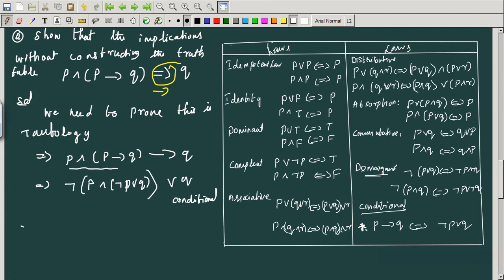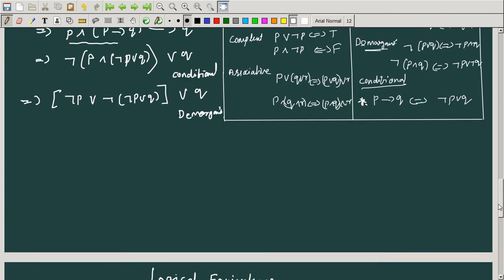After conditional, what am I going to do? I'm going to apply De Morgan's law. Negation of (negation P or Q) becomes P and negation Q, and the other bracket remains with or Q. Here also you have De Morgan's, the law is given for reference.